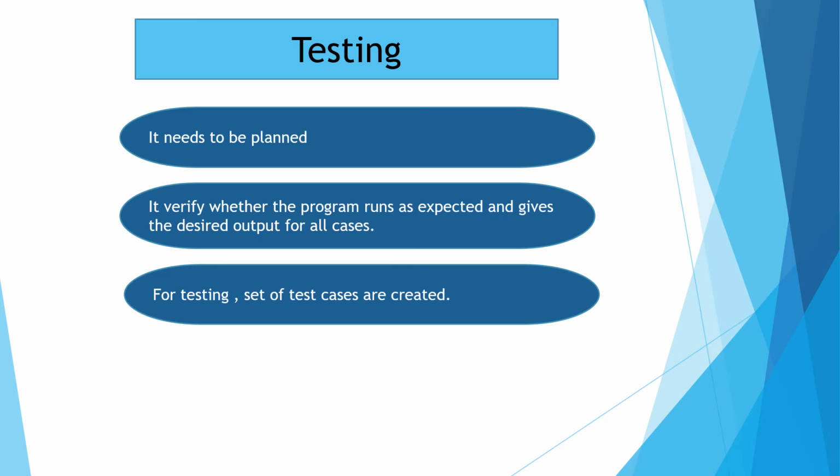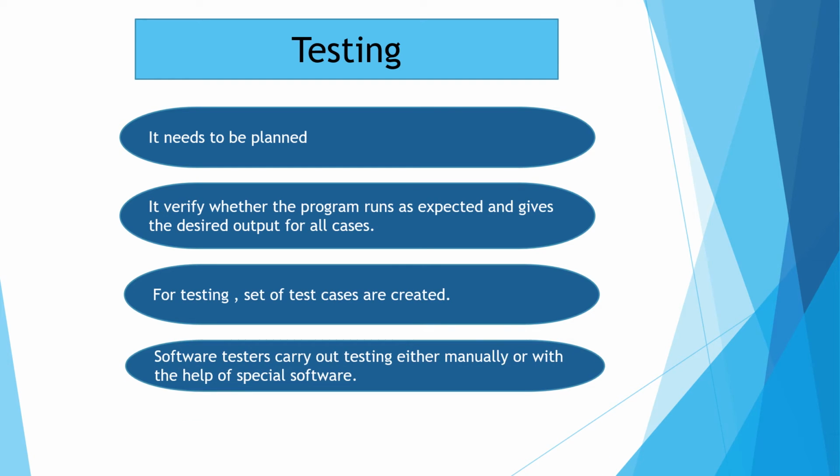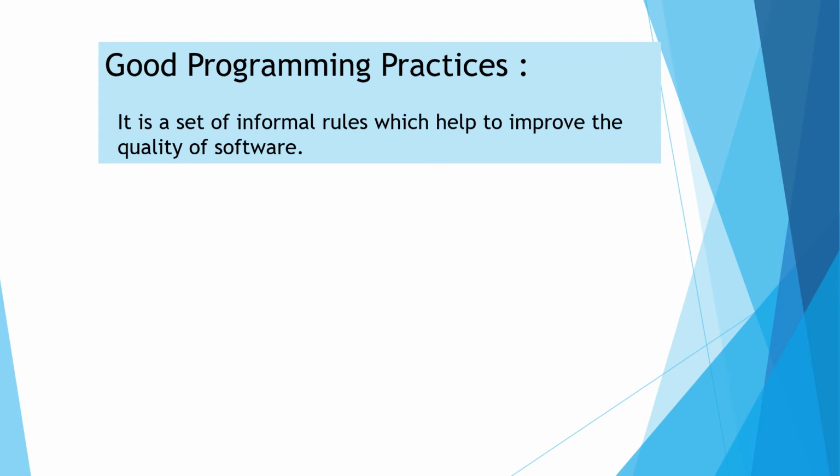Software testers carry out this testing either manually, or using the many special software tools available. Any bugs that are detected are reported to the developer, who makes the necessary code changes to correct the program.